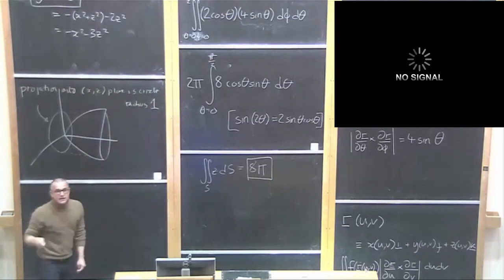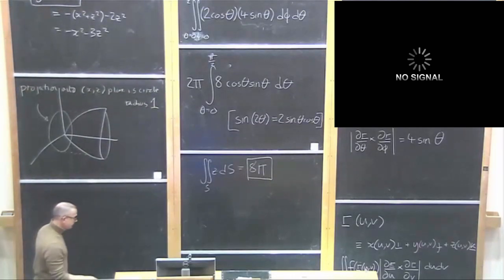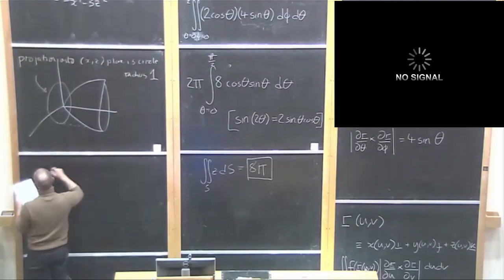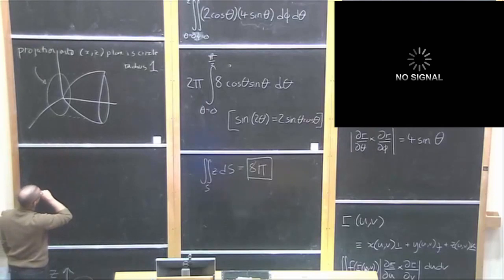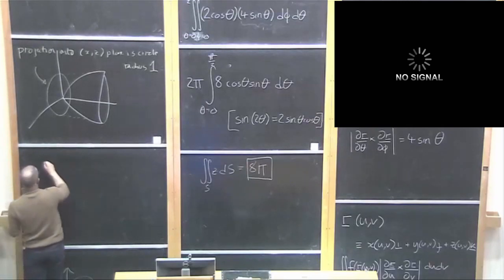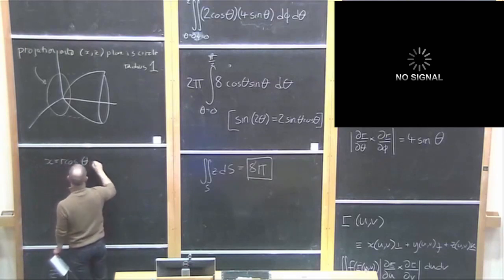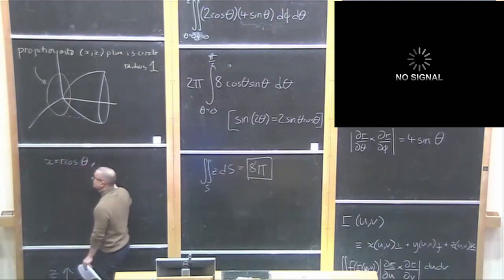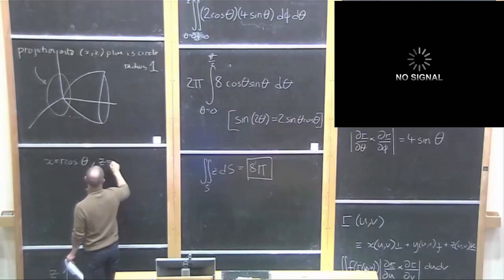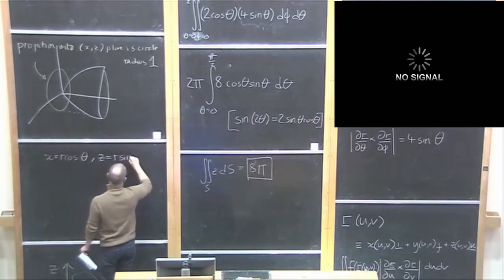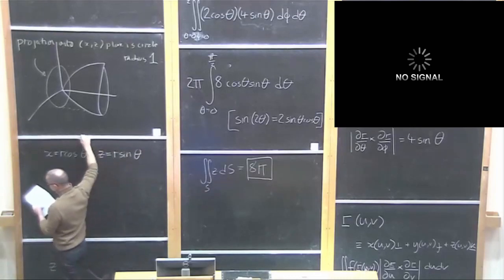Now, of course, we can evaluate this in terms of x and z coordinates, but it's much easier to switch to plane polar coordinates. So we make our plane polar coordinate substitutions: x equals r cos theta. Z, in this case, is taking the place of y, so z is r sine theta.